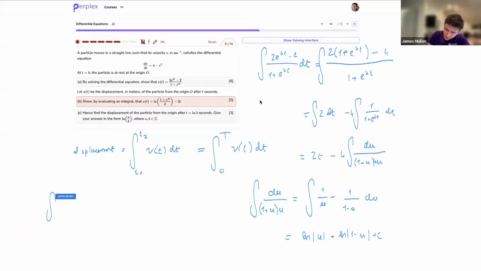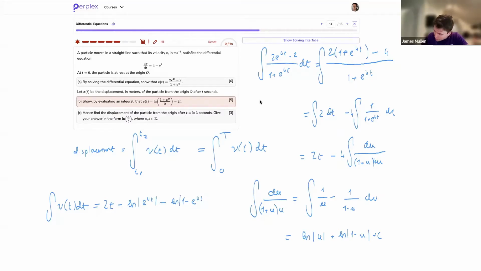The integral of v of t dt is equal to 2t minus what I just found, so ln of u, and u we said was e to the power of 4t, so ln of the absolute value of e to the power of 4t minus ln of 1 plus e to the power of 4t.